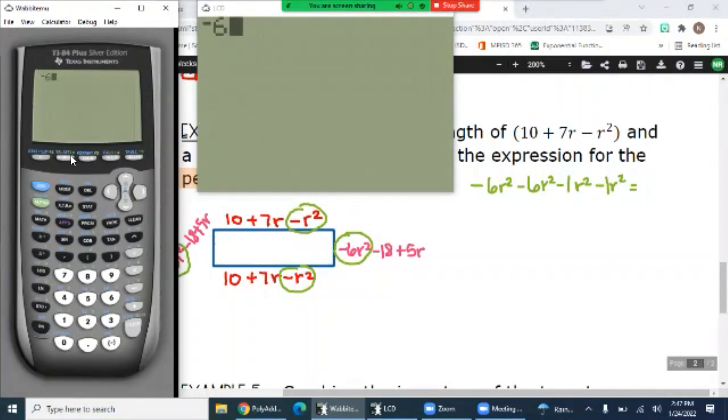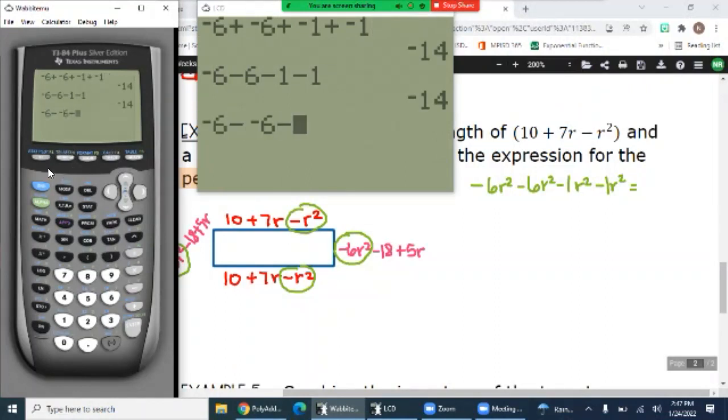You could treat everything as a negative and just do -6 plus negative to give you -14. If you know the difference between a negative in the front, minus in the middle, you could do that as well. -6 minus 1 minus 1. There's your -14.